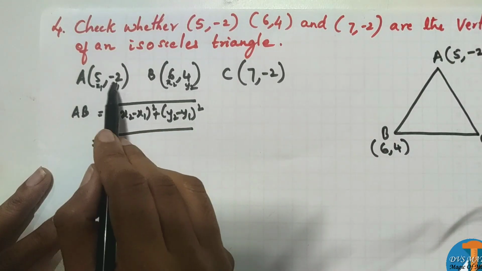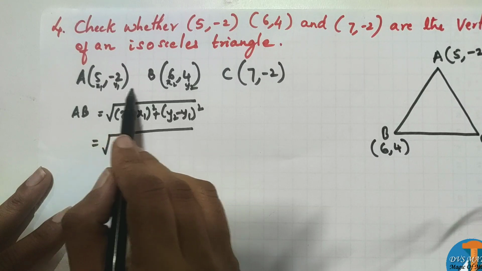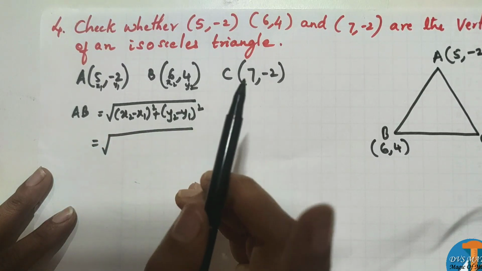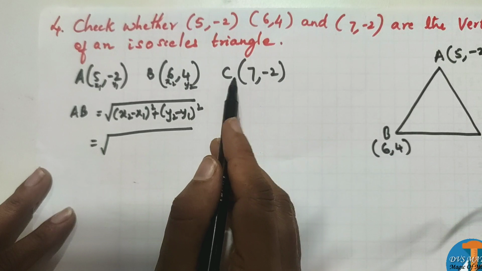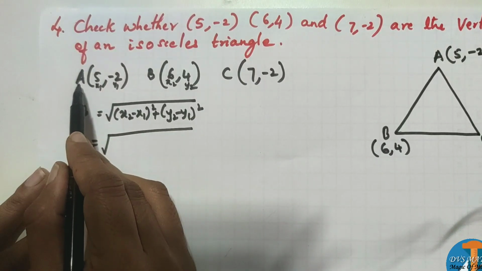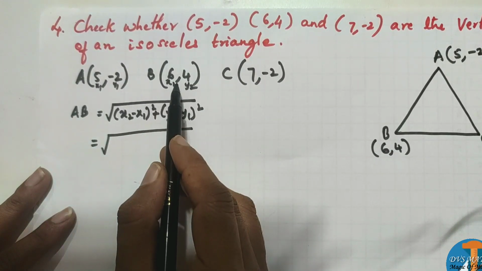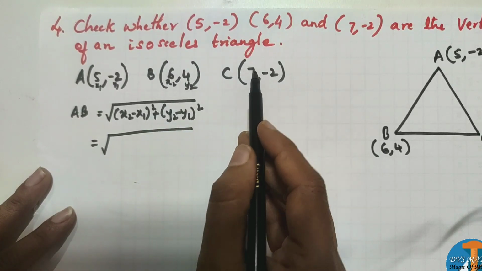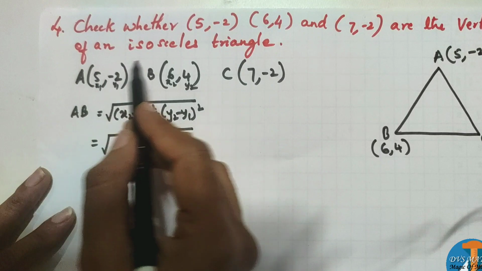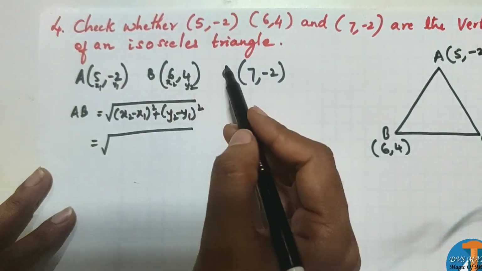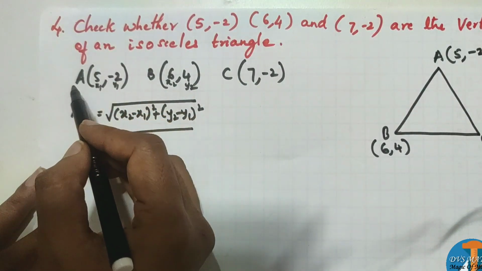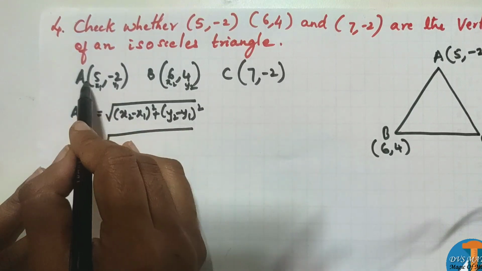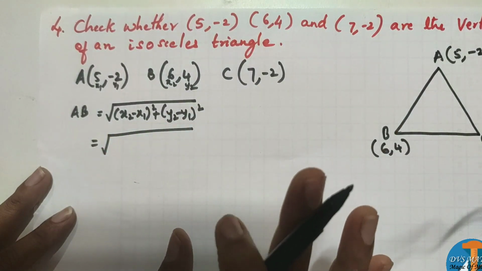Remember the first coordinate will be x1, y1, second coordinate will be x2, y2. ಯಾವ್ದನ್ನ AB ಅಂತಂದ್ರೆ A will be the first one, B will be the second one. BC ತಗೊಂಡ್ರೆ B will be the first one, C will be the second one. AC ತಗೊಂಡ್ರೆ A first, C second. ಆದ್ರೆ CA ಅಂತ ತಗೊಂಡ್ರೆ C will be first, A will be second. ಅಂದ್ರೆ x1 y1, x2 y2 ಆ ತರ ತಗೊಳಕ್ಕೆ ನೋಡ್ಕೊಂಡು ಸಾಲ್ವ್ ಮಾಡಿ.